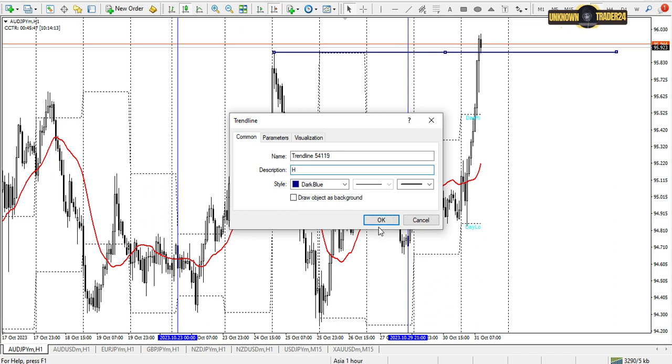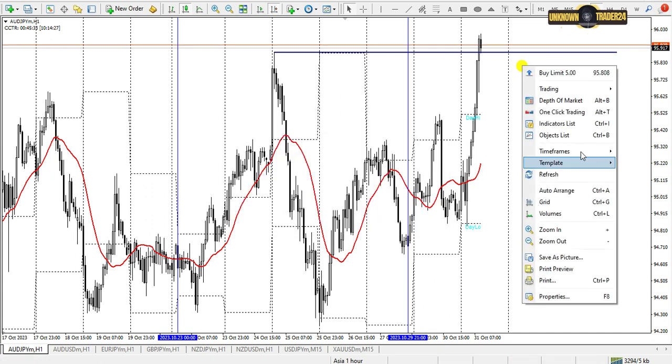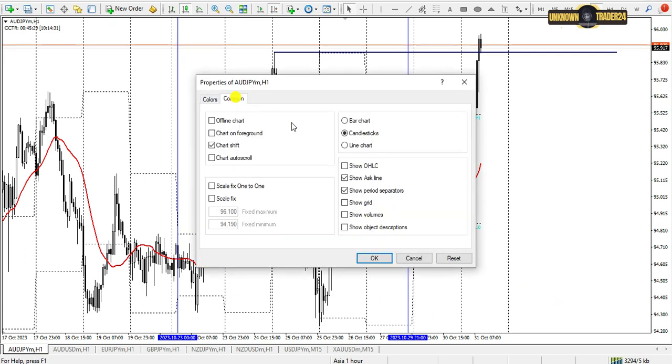Let me just put it here, like this. I'm just gonna note this one as high of the week. As you can see, there's nothing written here, so I'm gonna click here, go to properties, then common, and you see this one, show object description.